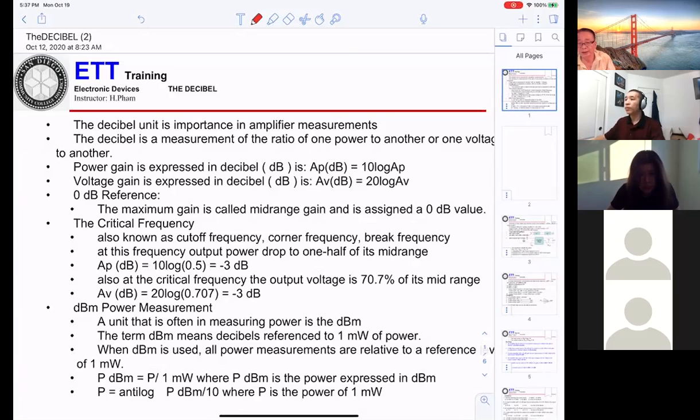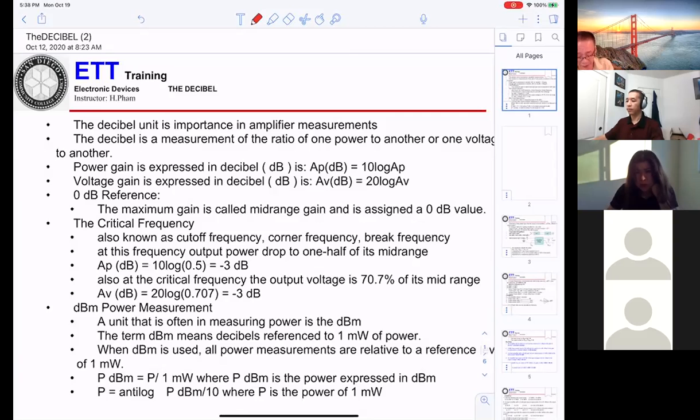Some students already know, but I want to make sure you understand. That's the key point. The decibel unit is important in amplifier measurement.